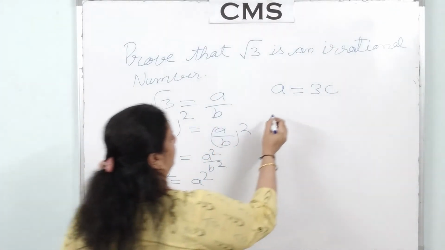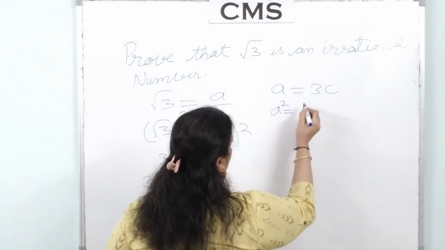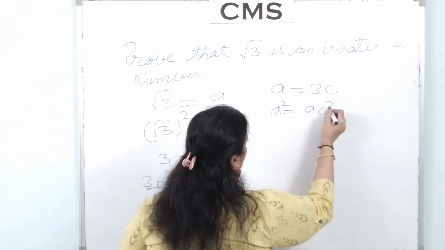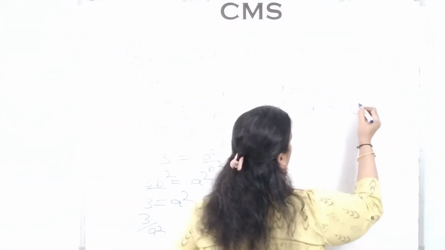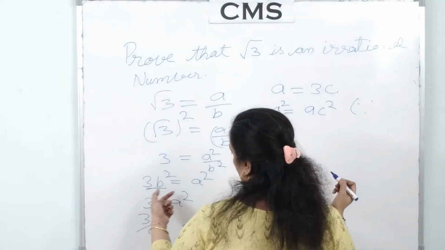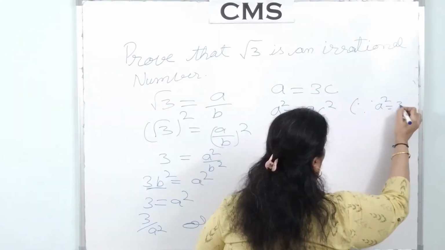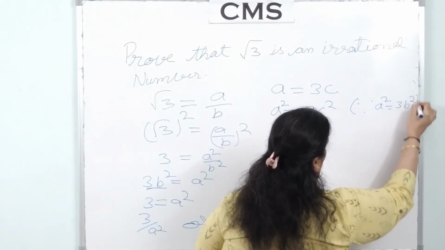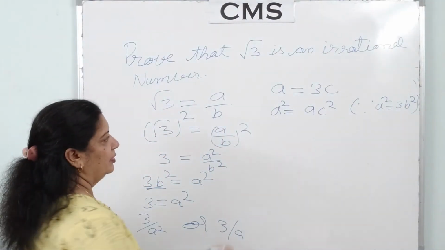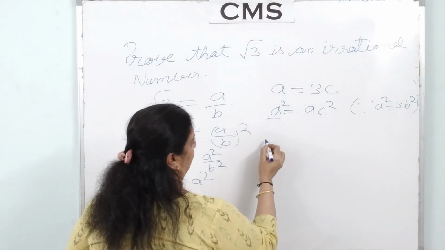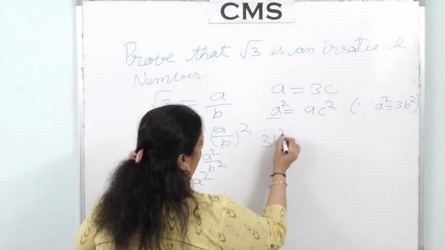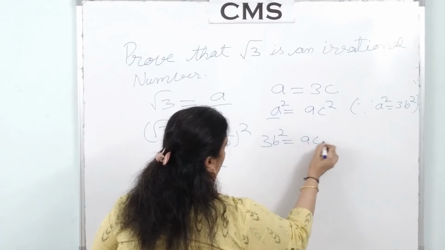So a square becomes 9c square, because here we proved that a square equals 3b square. So 3b square equals 9c square.